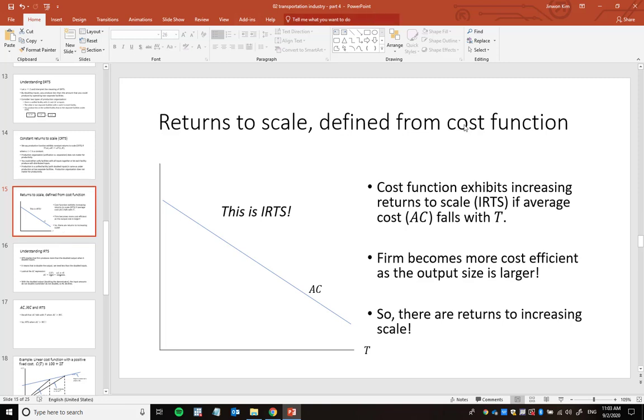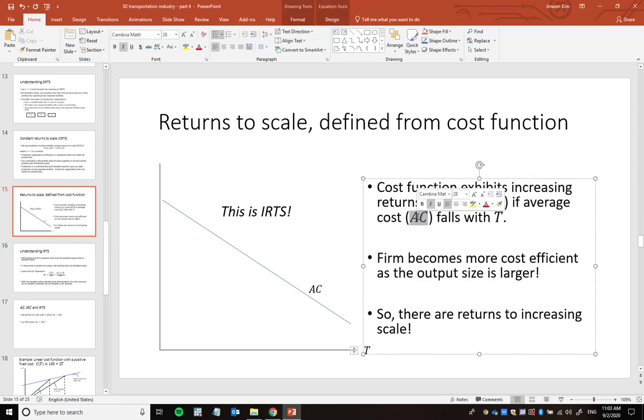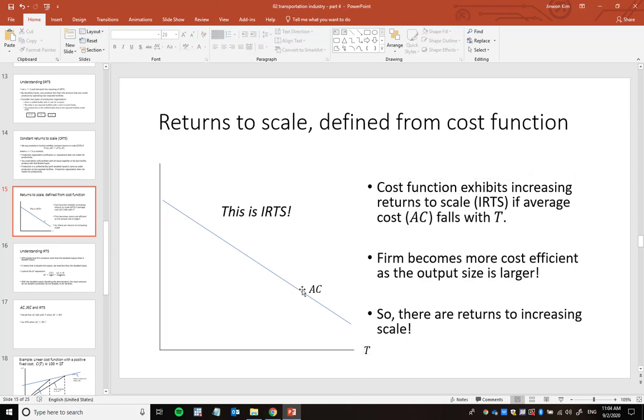A cost function exhibits increasing returns to scale if average cost declines with t, the output size. The firm becomes more cost efficient in the sense that the average cost is going down as the firm's output size is larger, then there is increasing returns to scale.